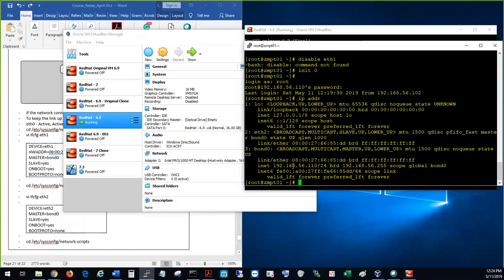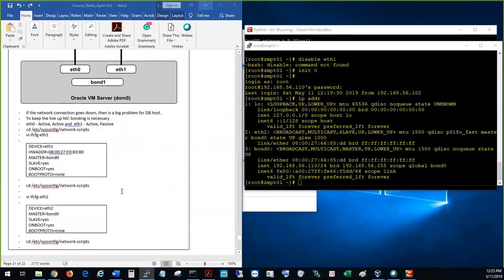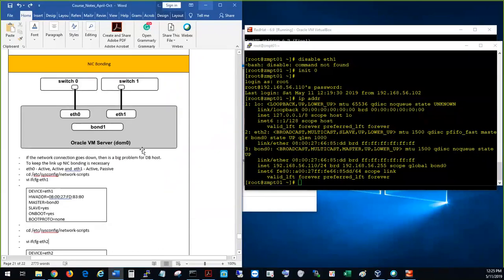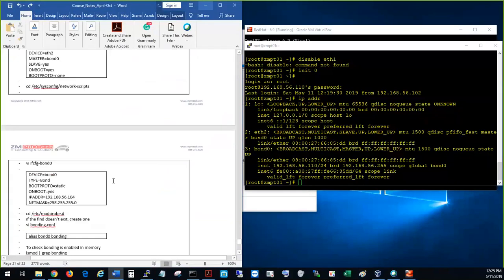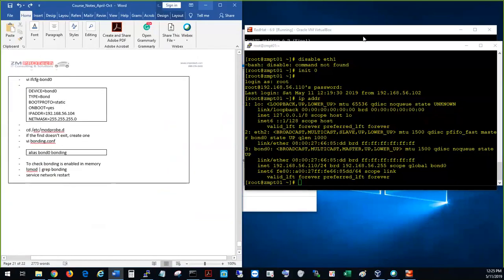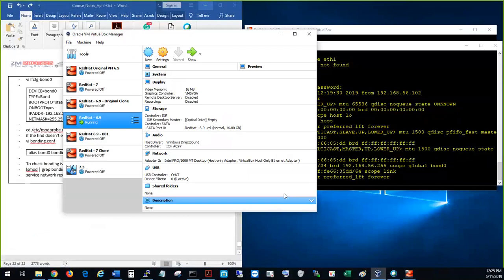So what will happen in a real world scenario is we don't really have to restart the computer. It will actually take it over if the link is broken on the network side or the physical adapter itself is broken. Then bond 0 is helpful in this scenario here. Okay. So what we did so far is successful. Okay, it's working good.